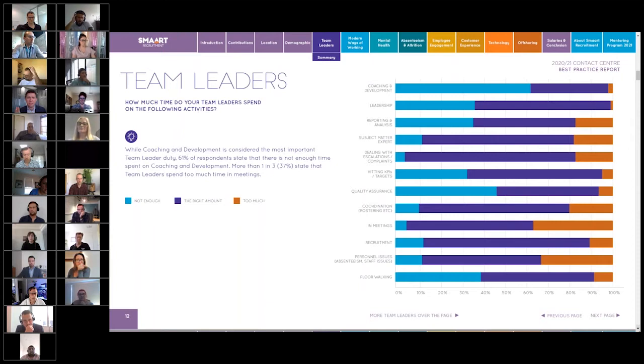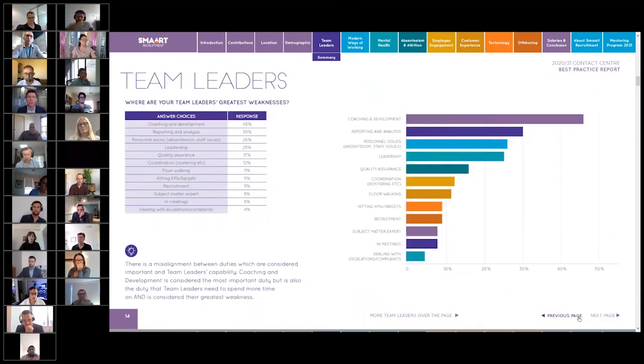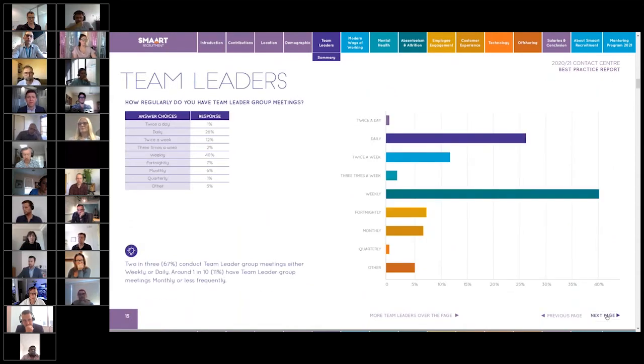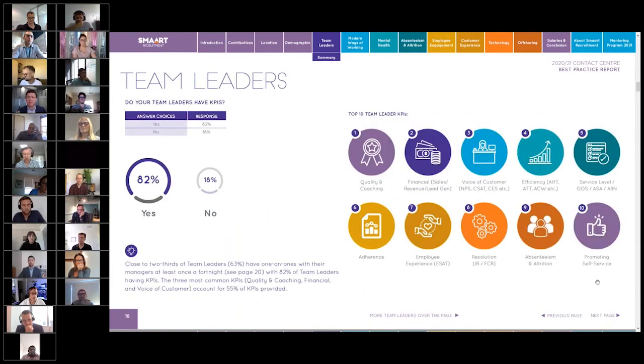A second theme we touched on was around KPIs, around how we hold people accountable. There are many different KPIs that people have, but many of them are just different names with the same intent. So rather than analyzing specific wording, we really looked at it by group.